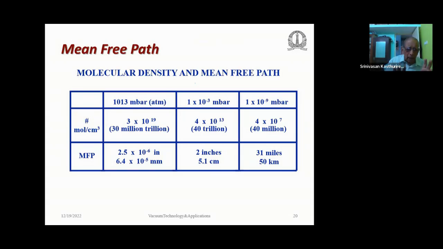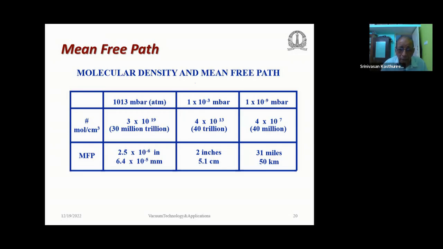Just to get you an idea of the number of molecules that are present in a vacuum system, for a given molecular density and mean free path, what sort of distances we are talking about. Let's start with atmospheric pressure. If you take 1 atmospheric pressure, how many molecules are present? Okay, the number of molecules present in 1 cc of gas is approximately 30 million trillion.